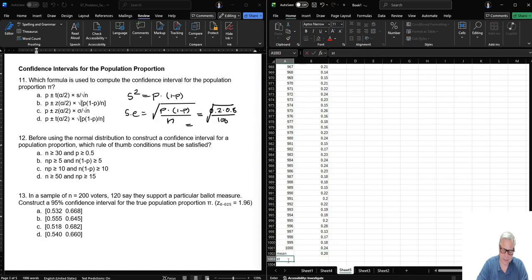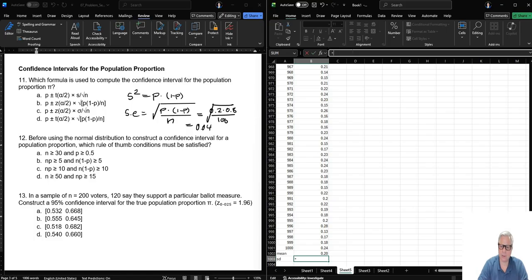So the sample proportion is also an unbiased estimator. And now let's take a look at the standard deviation of the sampling distribution. And that should be 0.04, which I forgot to write here, 0.04. Okay, so now let's see what we get.